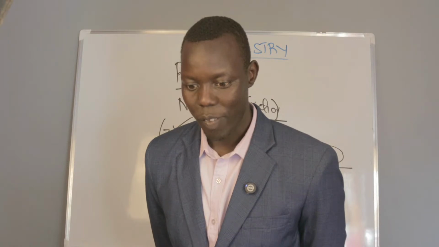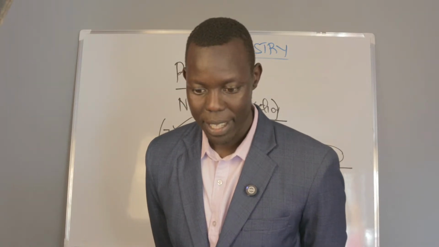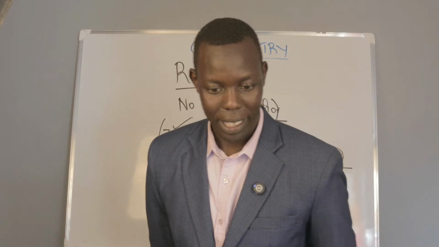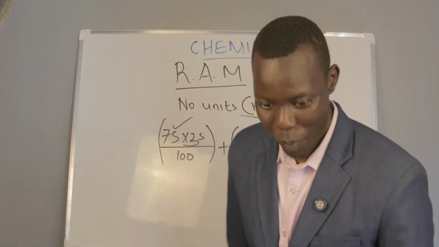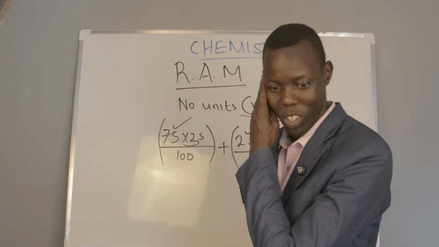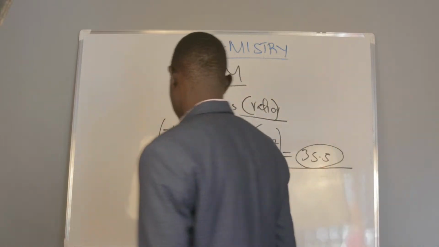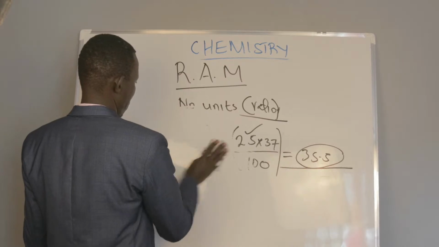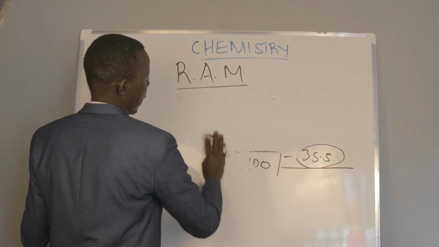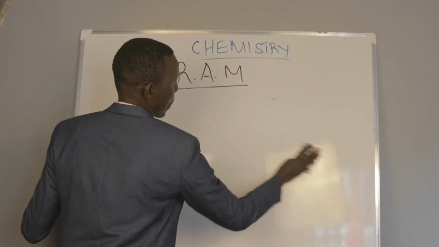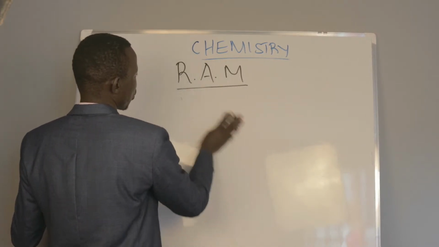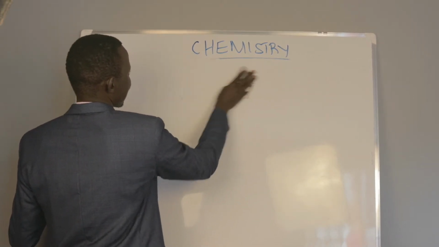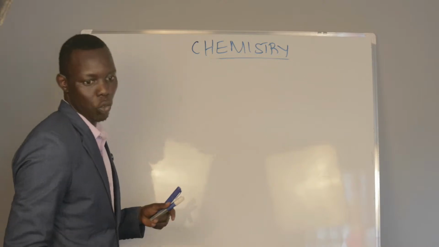Find the relative atomic mass of element X. Okay, calculate. I'm waiting for your answers. Let us finish this and then we learn how to write chemical formulas.